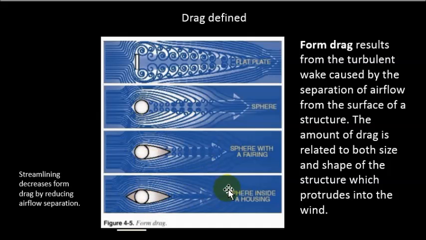So streamlining reduces form drag. The amount of drag is related to both size and shape of the structure which protrudes into the wind. So streamlining is how we get rid of form drag. Just being stuck out there causes form drag.